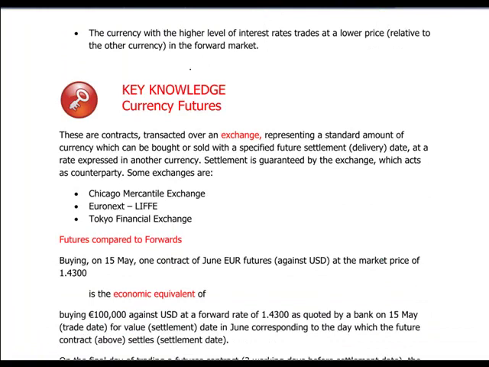Now, we spoke before of buying and selling currencies in the OTC market. That means with the bank as a counterparty.